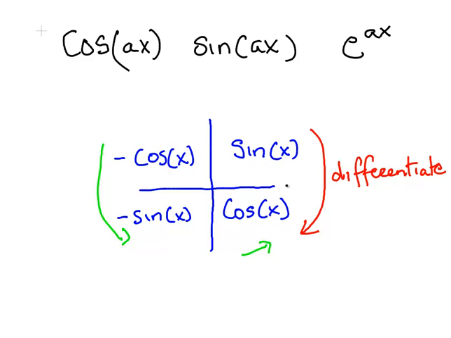The integral of cos of x is sine of x, and so on. So this is integration going anti-clockwise around this clock, so to speak. Okay, so clockwise is differentiation, anti-clockwise is integration.